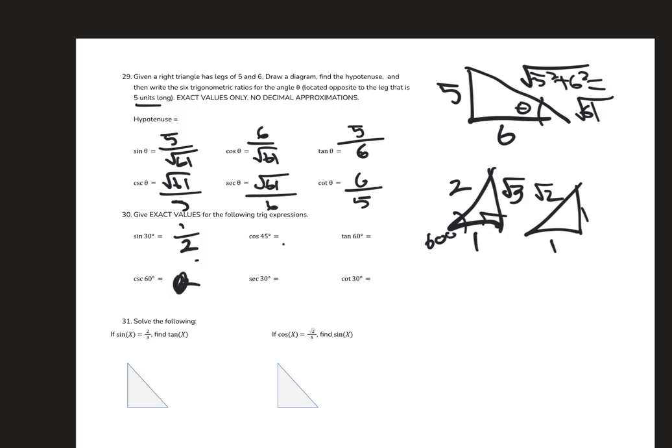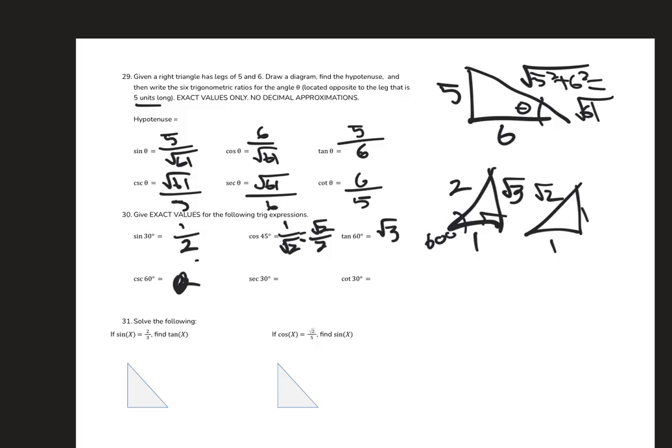So the cosine of 45 degrees would be adjacent over hypotenuse, which would be 1 over root 2, or root 2 over 2. The tan of 60 degrees would be opposite, or root 3, over adjacent, so this would be root 3.